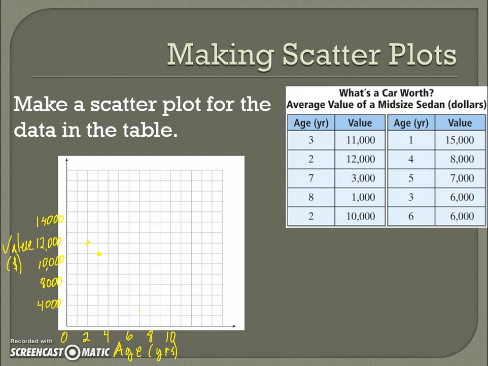And let's see, 3 is going to be somewhere in there. I might have misplaced these dots. Well, no, I didn't. Here I got 8 and 1,000. Yeah, I did. This 11,000 should go here. I'll just leave that though. 2 and 10,000 is going to be right here.